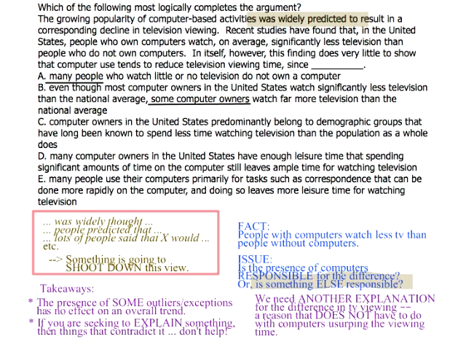It's a pre-existing difference. So that's totally a thing. I mean, this is the answer that we want. C says that the difference in that evidence is a thing, but that it's not because they have computers. These are largely the people who already watched less TV in the first place.